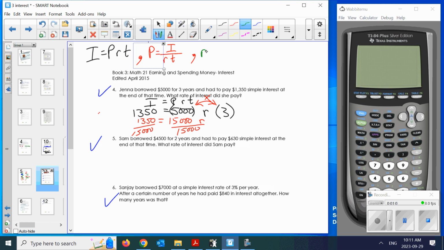It comes out as a decimal. The rate is the interest divided by the principal and time. If you're trying to find the time that something was invested to make a certain amount of interest, it is the interest divided by the principal and the rate. So those solve most of these problems.